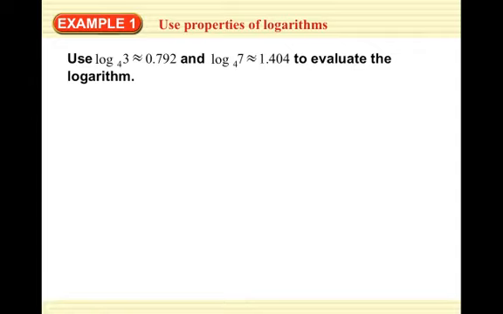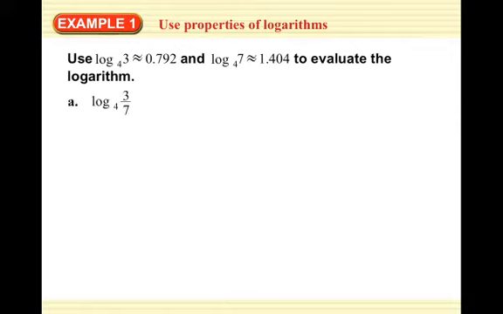One way to practice is to start with some known values and use those to calculate unknown values. We're going to use log base 4 of 3 is approximately 0.792, and log base 4 of 7 is approximately 1.404 to evaluate some other logarithms.